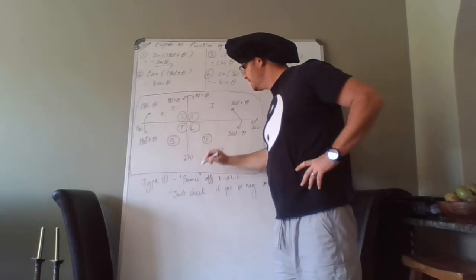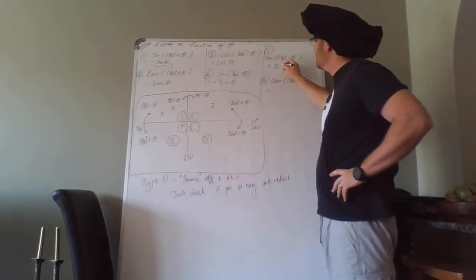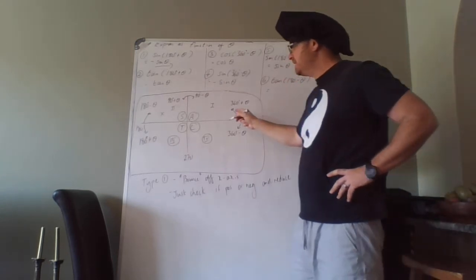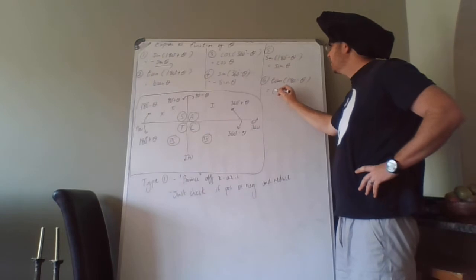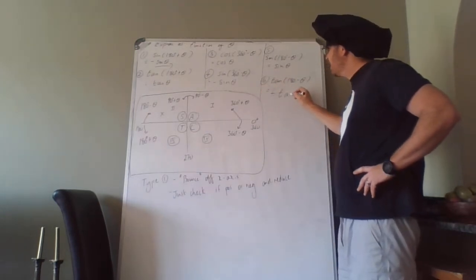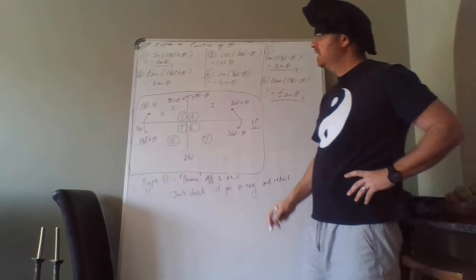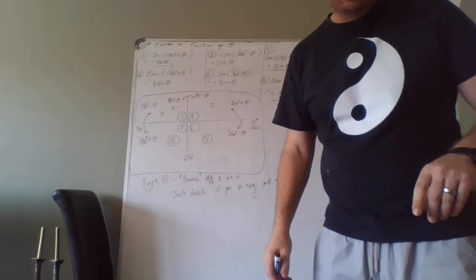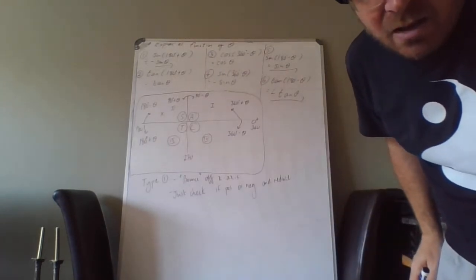What happens to sine there? It's positive, so it reduces to sine theta. And tan(180 minus theta), tan is negative in quadrant 2, so it's negative tan theta. So there are your solutions, and that's your basic stuff. It's pretty easy marks if you just remember how to go about it.